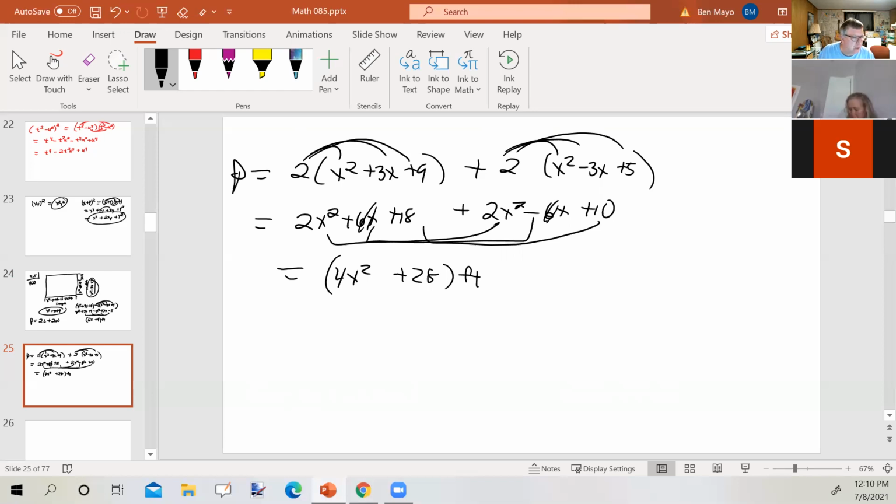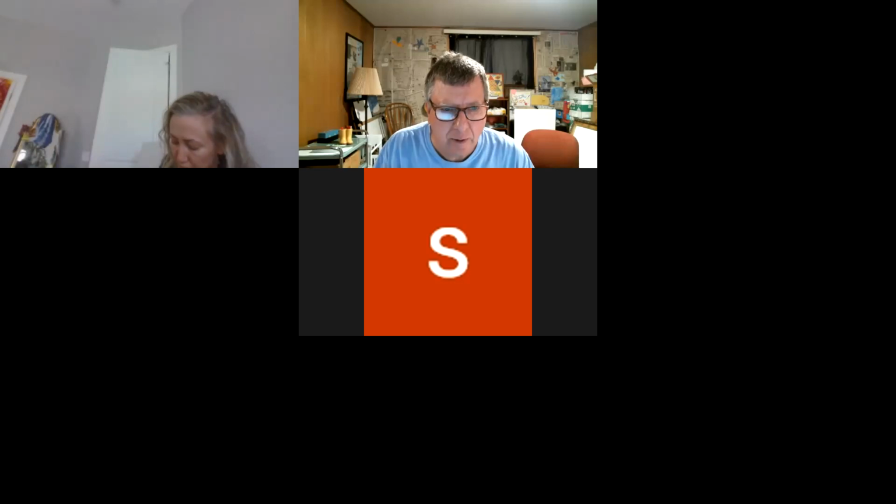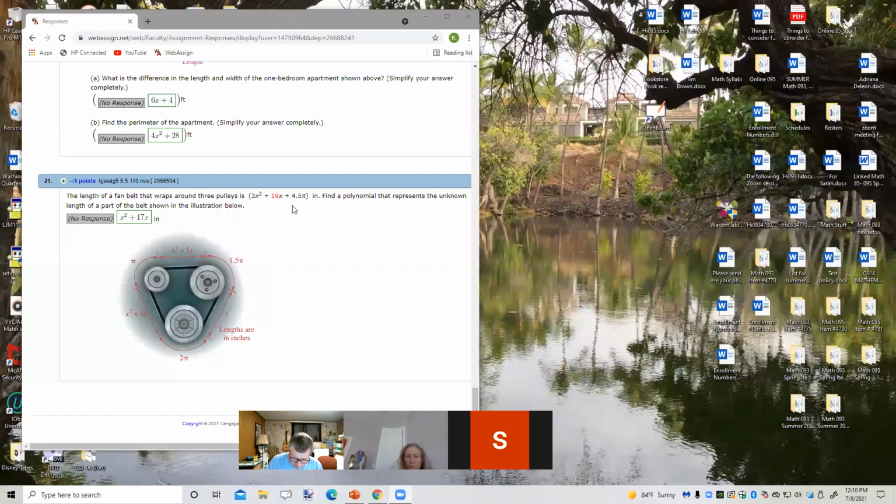All right, and then you wanted to look at 21 as well? Yes. Okay, let's take a look at 21. So we've got this pulley system, and it says the length of a fan belt that wraps around 3 pulleys is 3x squared plus 19x plus 4.5 pi inches.